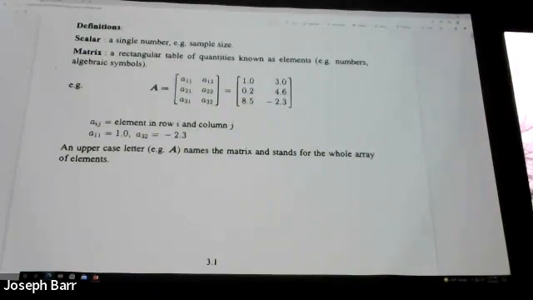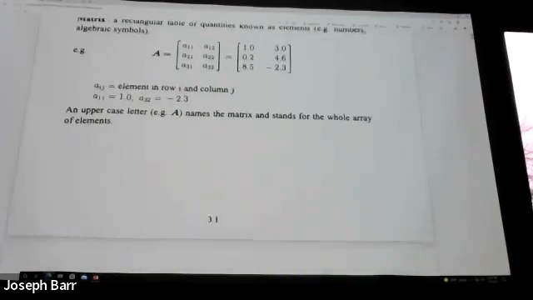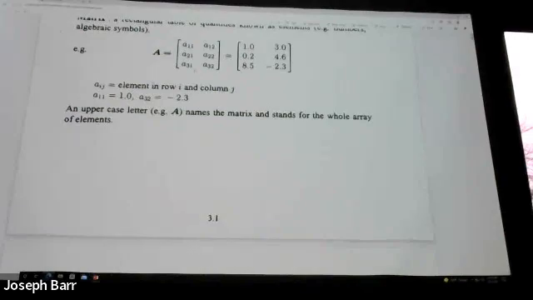All of these are called elements. In this case, this is the A matrix. We have 3 rows, 2 columns, 6 elements, and we use Aij to show the position of the elements.